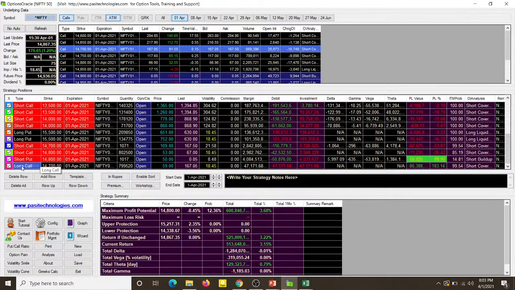So if I remove this position, the profit is 3.17, correct? If I add it as a long call, it is 3.68. If I change it to a short call, 2.96, correct? So the possibility of a long call is more, because the profit potential is also high or increasing if it is a long call. So that's why I considered it as a long call here.